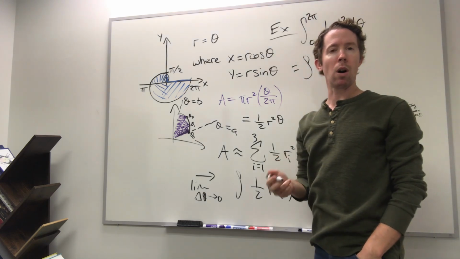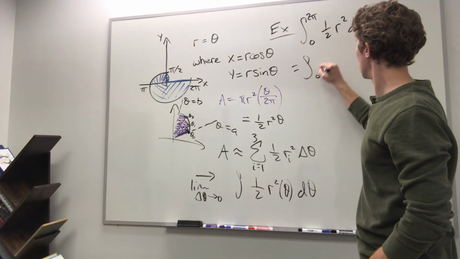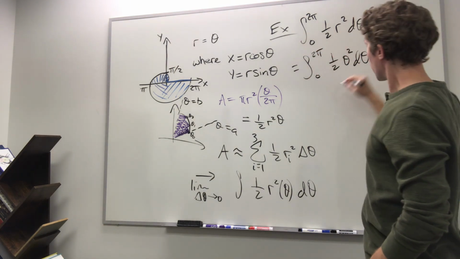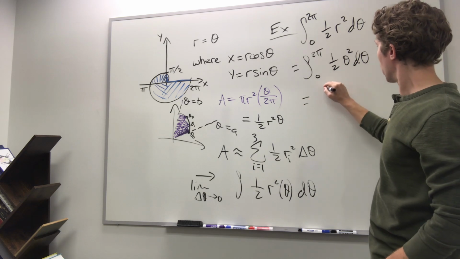I'll go ahead and rewrite what r is in terms of theta, and then just find the antiderivative and plug in.